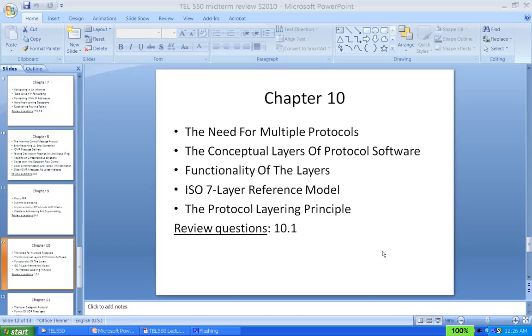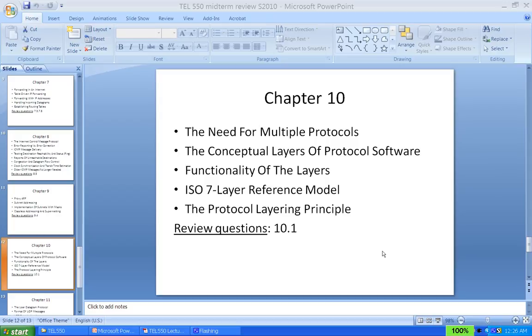In chapter 10, we discussed the layering of protocols, because we found out that internetworking is very complicated. So, in order to simplify the design of internet protocols, we divide the design into different function modules and integrate them after we build the individual modules.